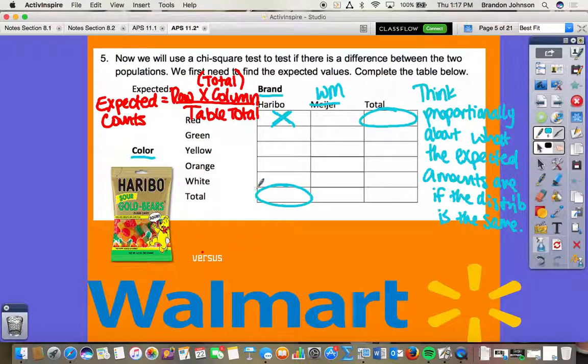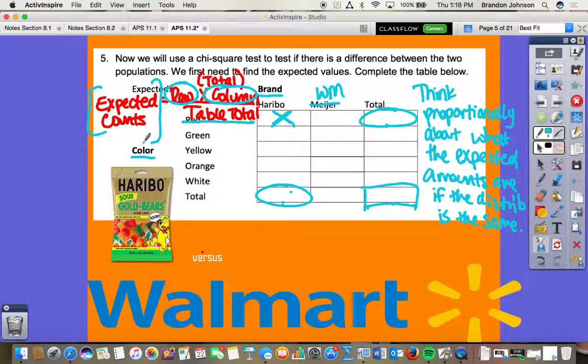We multiply those together, and then we divide it by the overall total of all of the gummy bears that we sampled. So we take the number here, multiplied by the number here, and we divide it here. So we say the row total times the column total, and we divide it by the table total, which was just all of the gummy bears that were there.